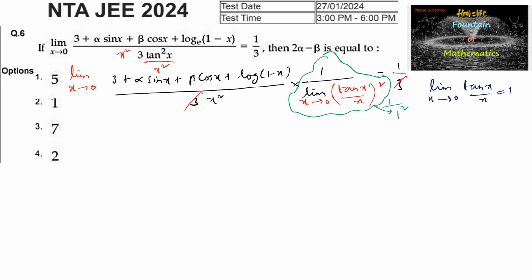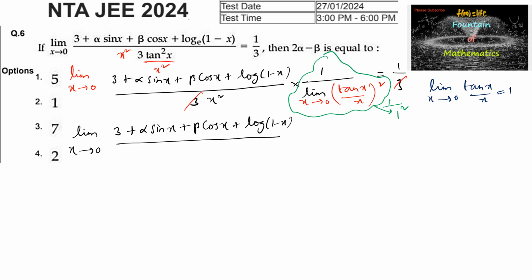So here we can write the limit as x tends to 0 of (3 + alpha sin x + beta cos x + log(1 - x)) upon x square is equal to 1. And now since the limit value is defined, let us apply the L'Hospital rule.